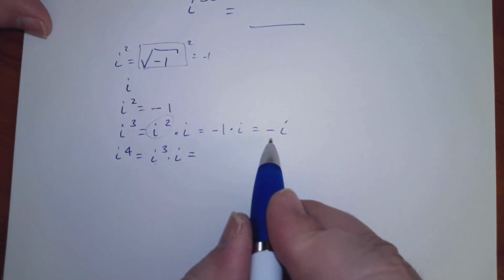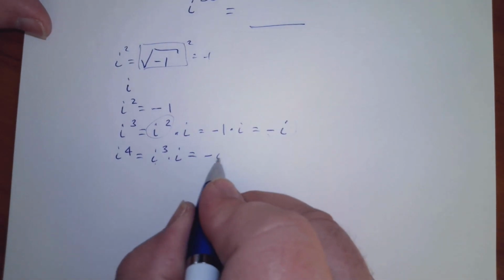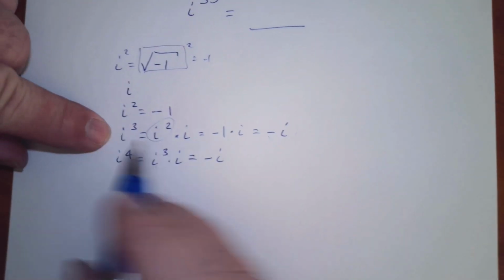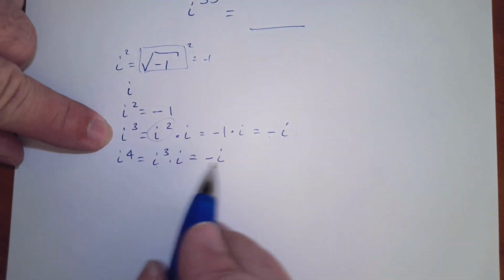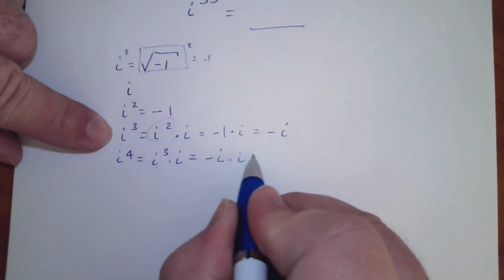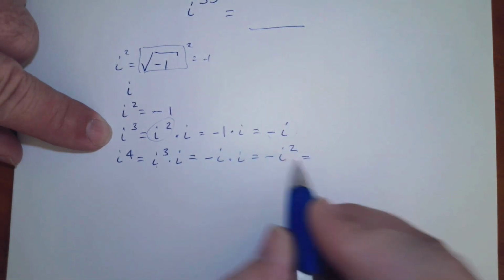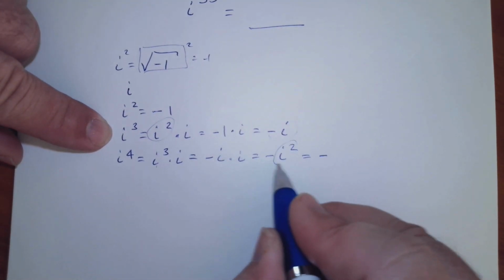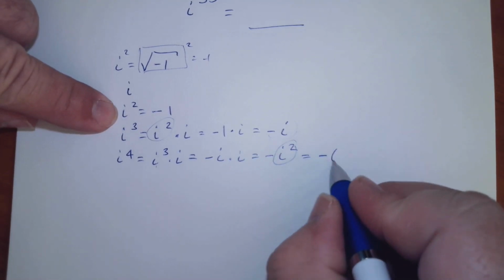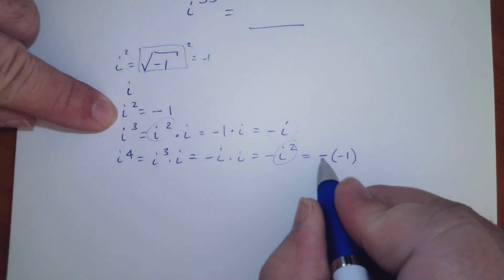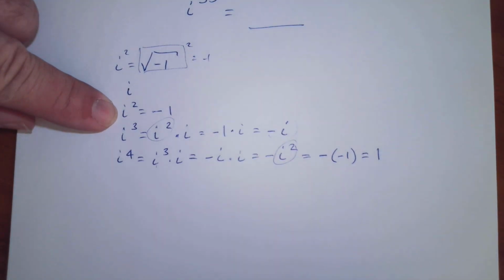Well, what's i cubed? i cubed is negative i. Whenever you see an i cubed, it's a negative i. So that's negative i times i, which is negative i squared. But we know that i squared is negative 1, so negative, negative makes it a positive.